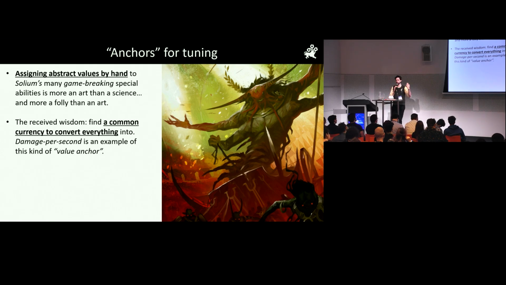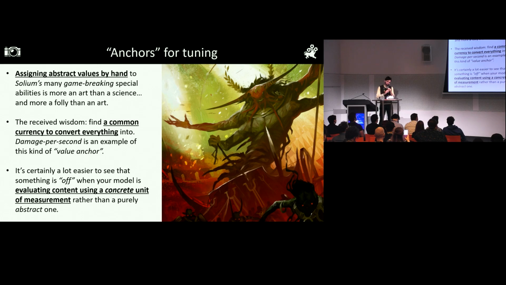In an action RPG, I have weapons that attack a certain number of times per second, and I have damage that the weapon does. Well, I can calculate a damage per second value for each weapon, and that allows me to compare them all directly, rather than having to compare two different attributes. So that's the idea of a value anchor, basically. We all use them all the time without knowing, but if you have the vocabulary, you can look smart. So I recommend throwing value anchor into your next meeting.